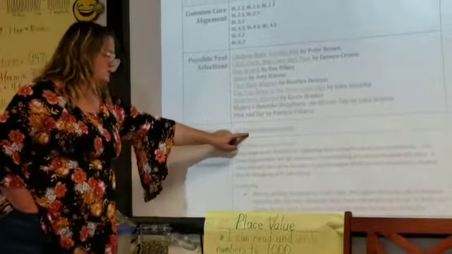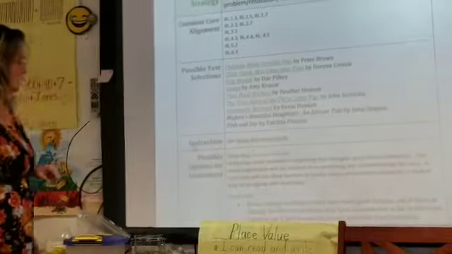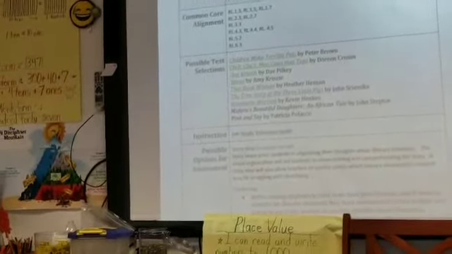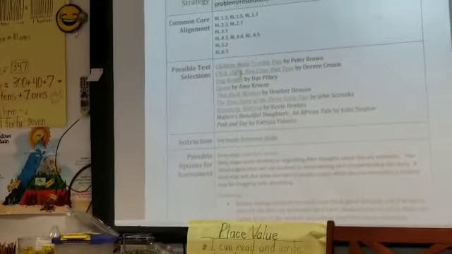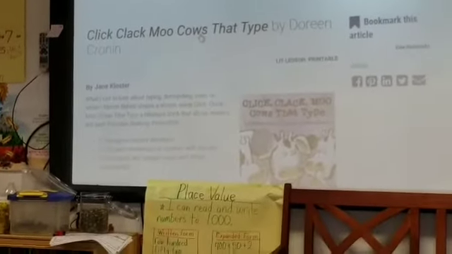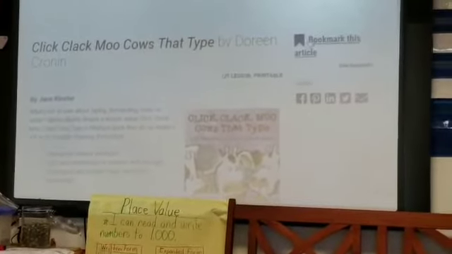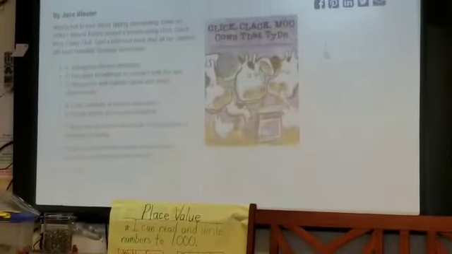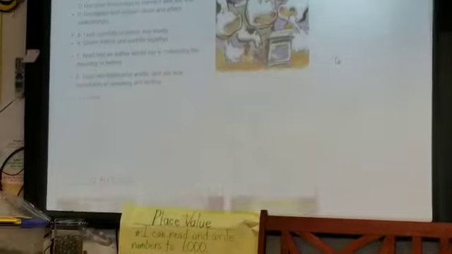It gives instructions, and then right here, all of that's green, it can be accessed again. So if I go here and click "Click, Clack, Moo," it goes right to that website, and it has all of the information that you would want to use for that.